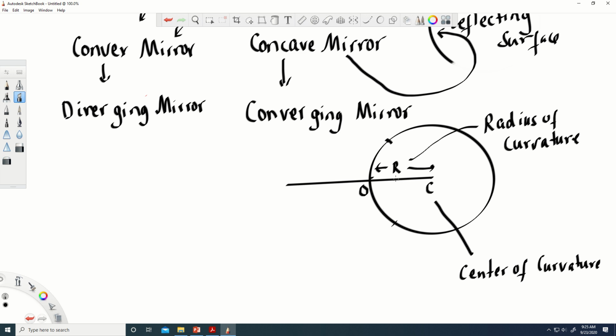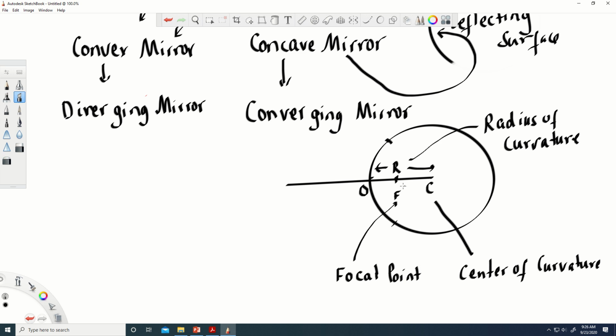And half of that is denoted by letter F, which is halfway between O and C. F is called focal point.